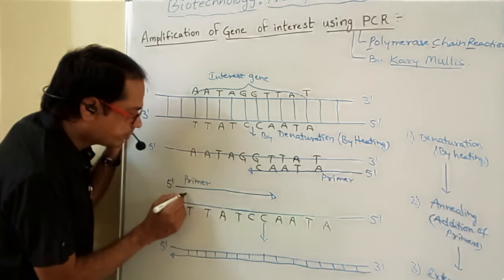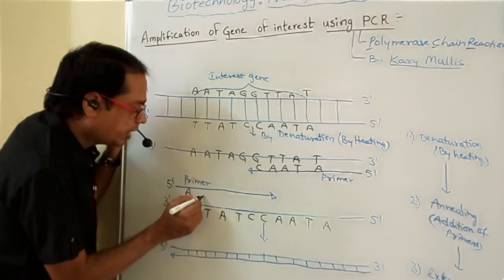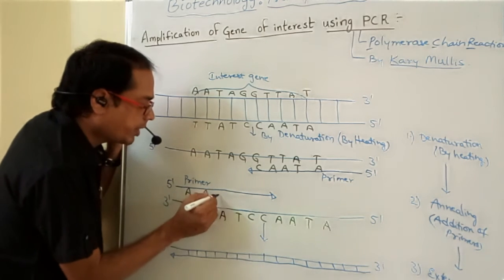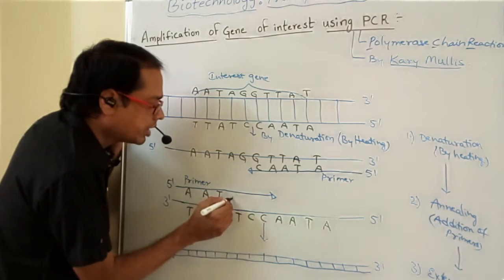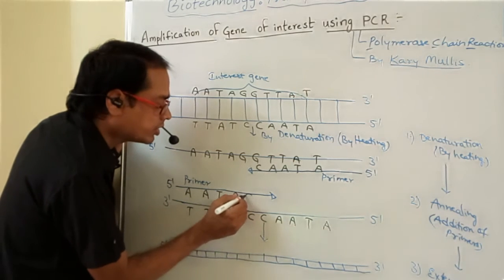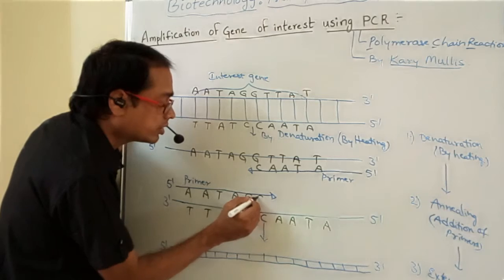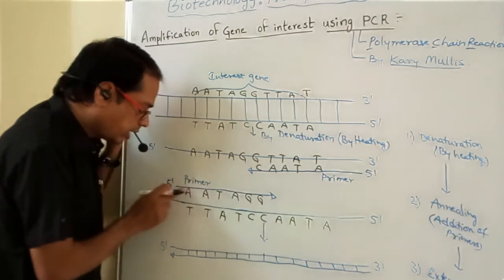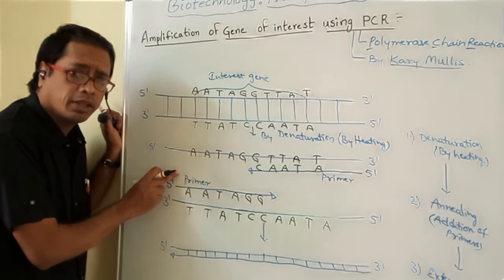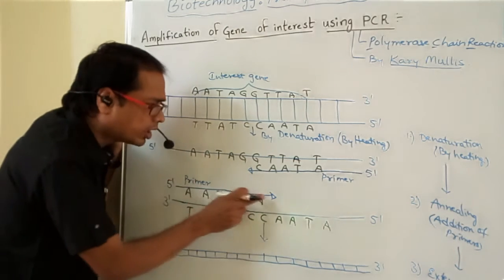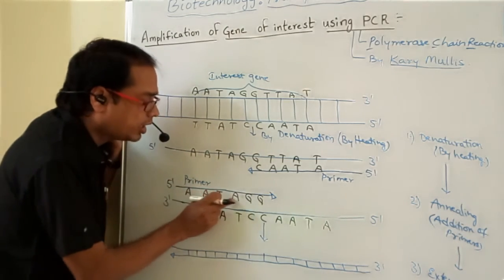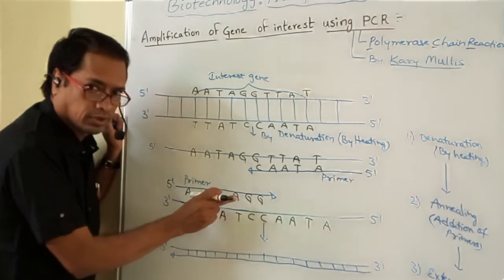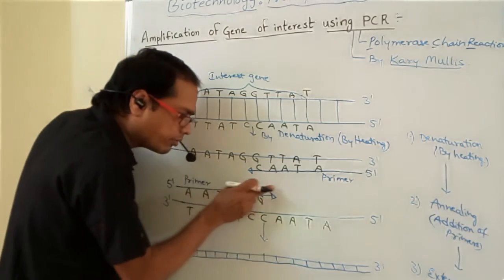C pairs with G, like that. So this primer would be in which direction? 5 to 3. A, T, A, G, G. So the primer goes in the direction of 5 to 3.